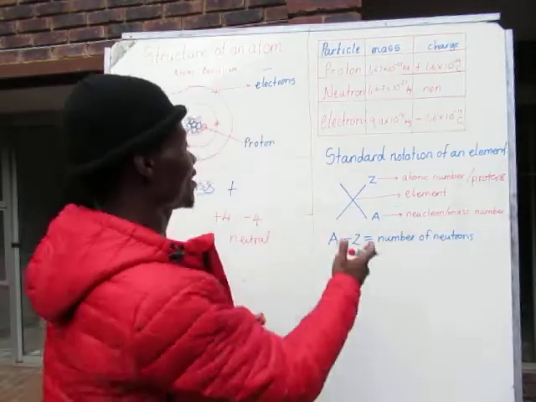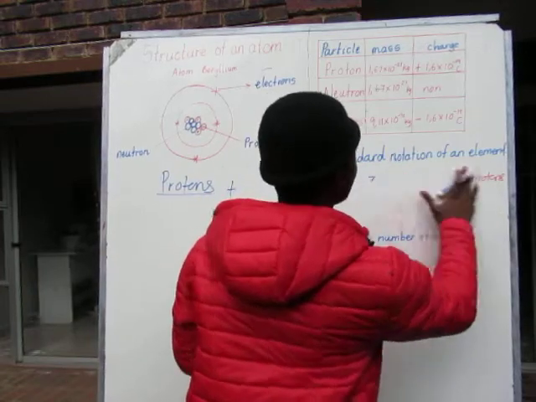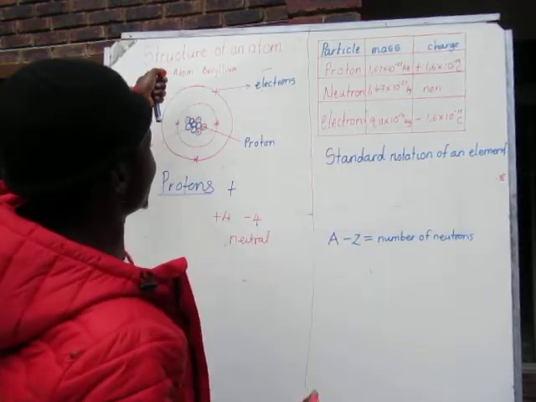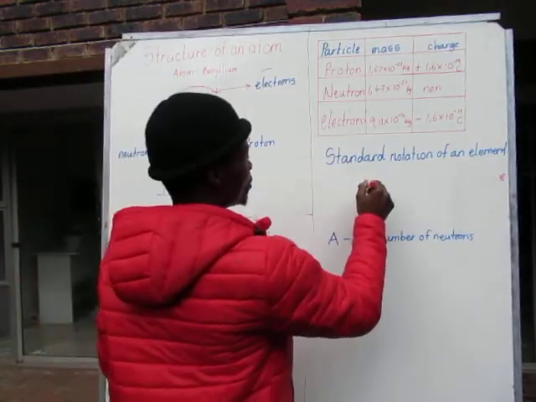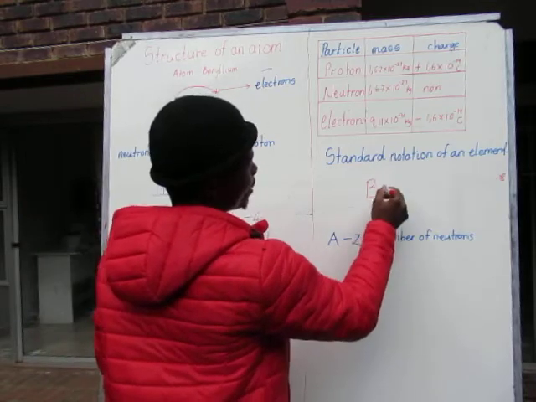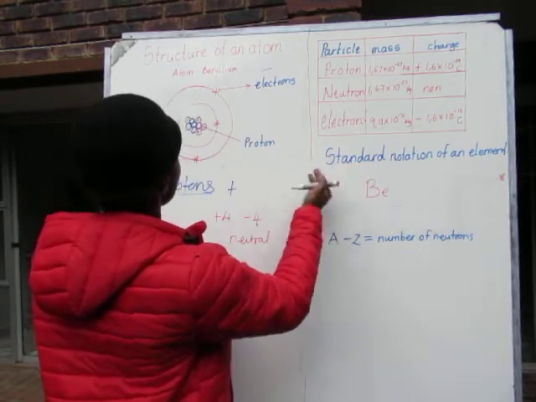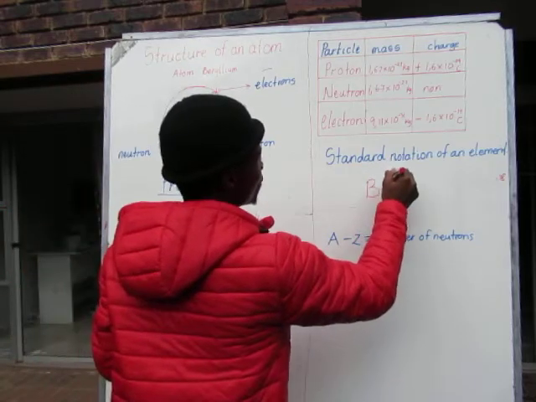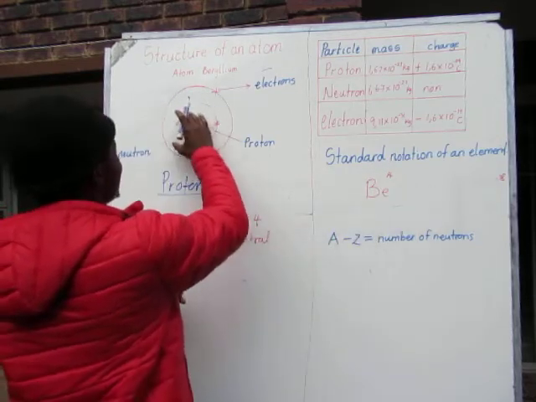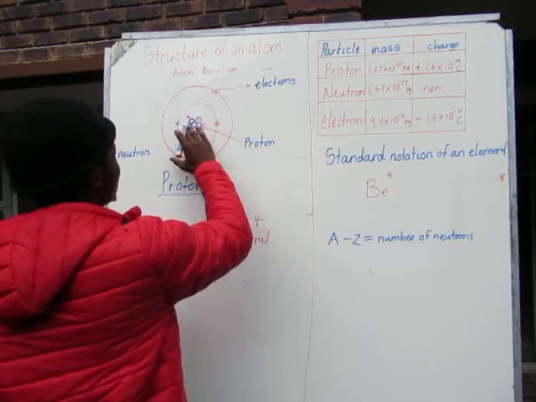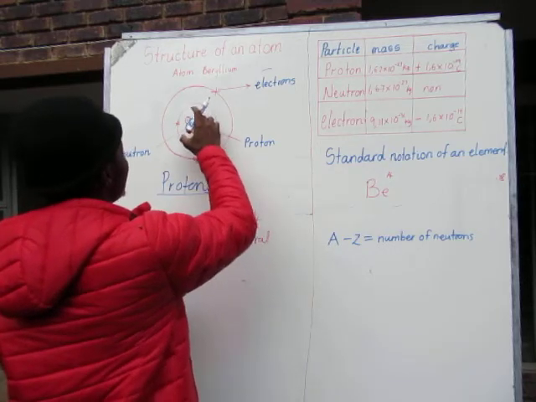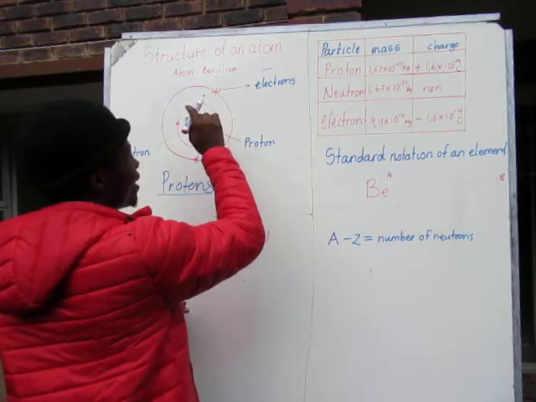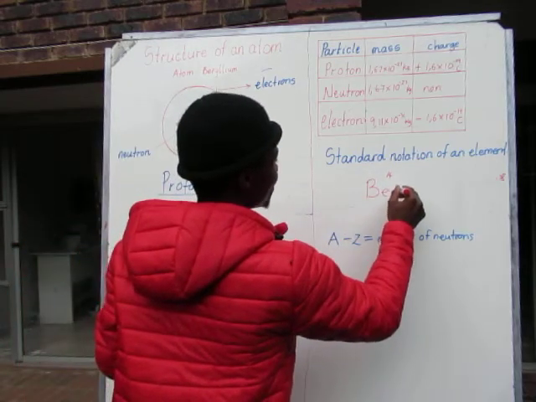That means in a case, for example, we say, can you represent beryllium? In the same standard notation, it would be beryllium. How many protons does it have? Let's count them. 1, 2, 3, 4. So we're going to have a 4 on the bottom there, and the protons and the neutrons right inside there, they are 1, 2, 3, 4, 5, 6, 7, 8, 9. So they will be 9.